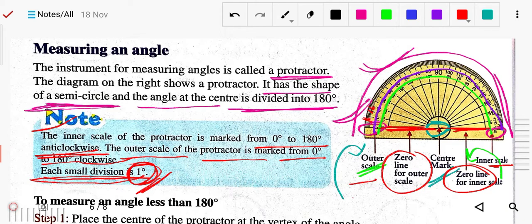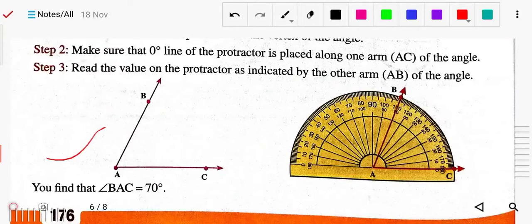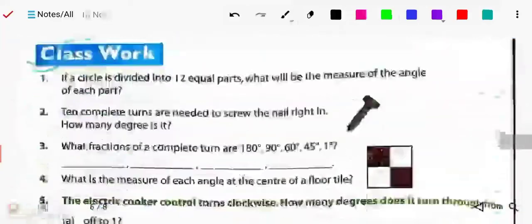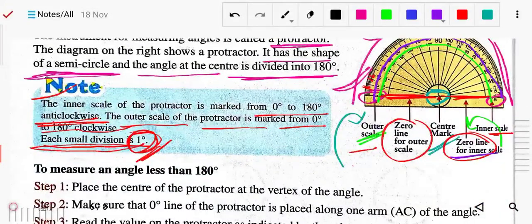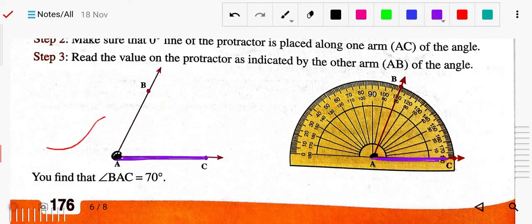Got it? Now let's see the first example of how to measure. Suppose we have to measure this angle. First of all, this is the point, so you place the center mark on it. Always place the zero line of the inner scale of the protractor on the baseline, and completely cover it.